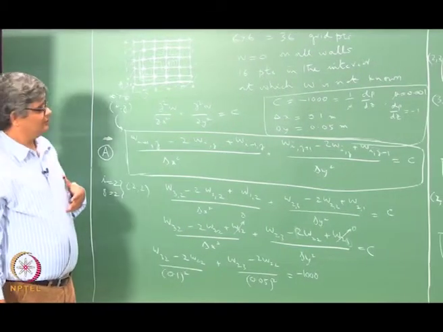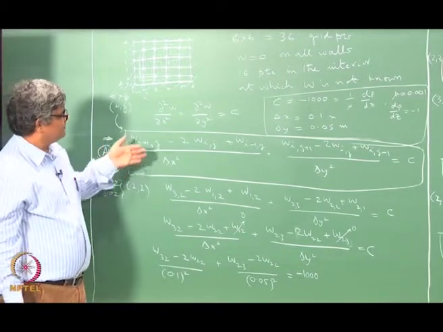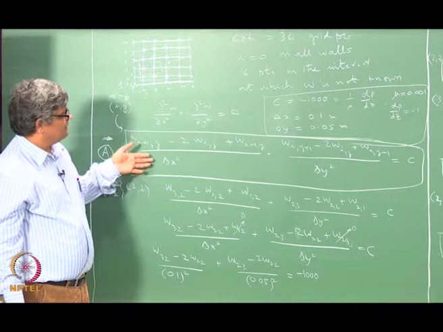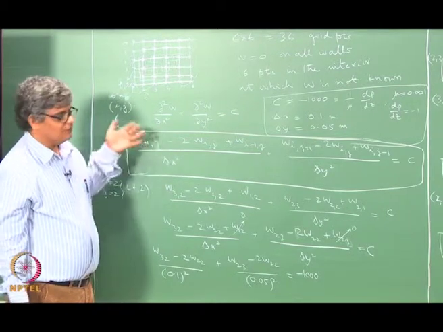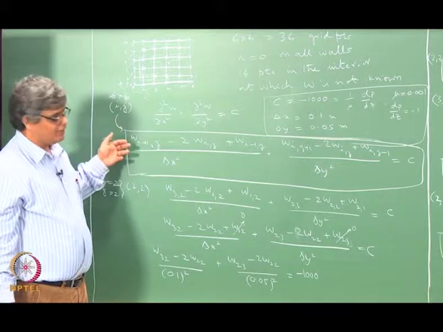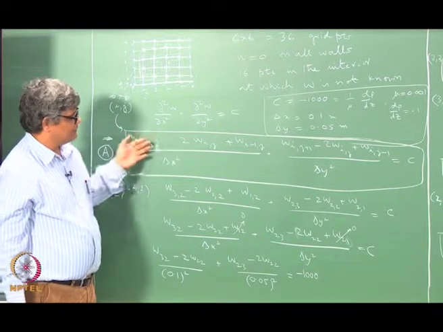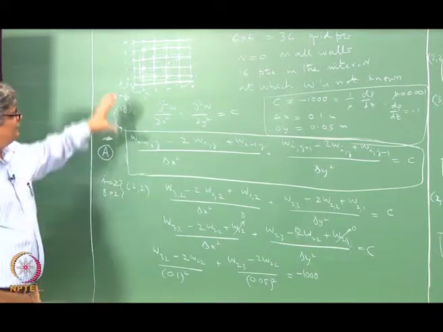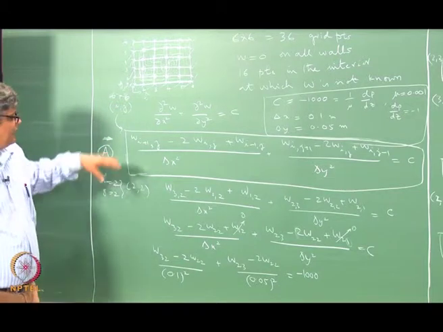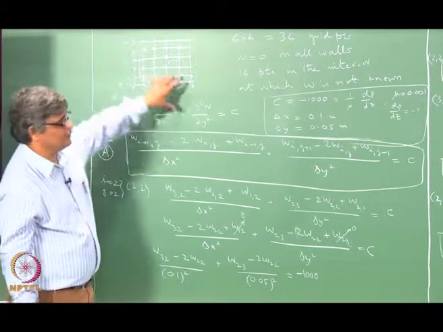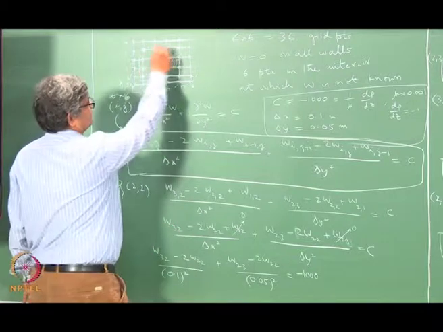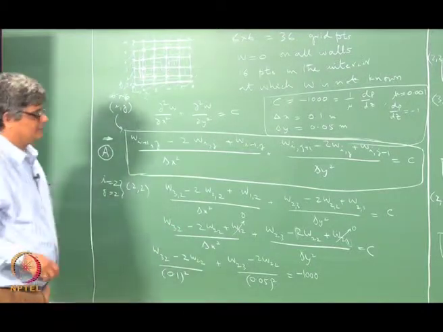And once we develop this template, we see that this template will work only for that point, and that point alone is not sufficient. We will have some neighboring points for this type of equation, and we have to put the template at every point, and then we will get a set of equations.